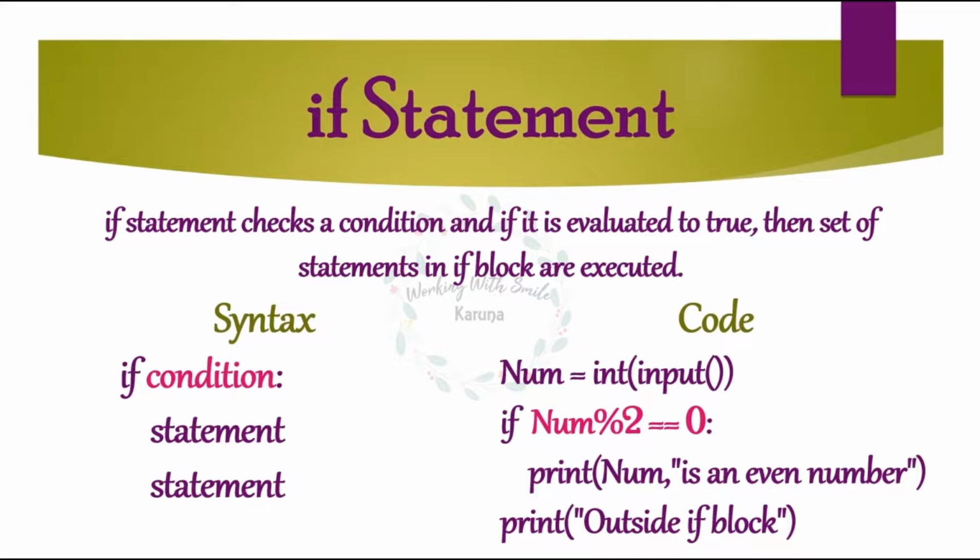This I can do with the help of the modulus operator, as it returns the remainder. Using the double equal to operator, I can compare the value generated from num modulus 2 and check it against the value 0. If this condition is true, then it will print the statement that the number is an even number.